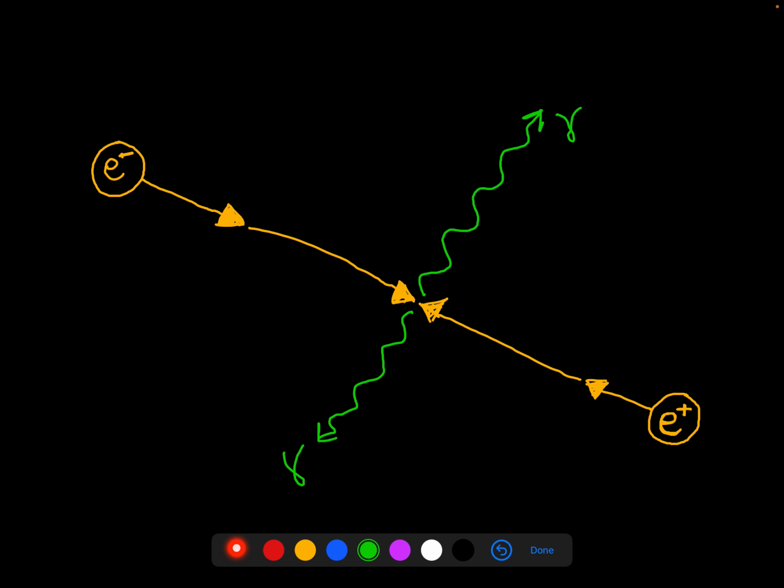And that is the process of annihilation. These two gamma rays are what are now important to us.